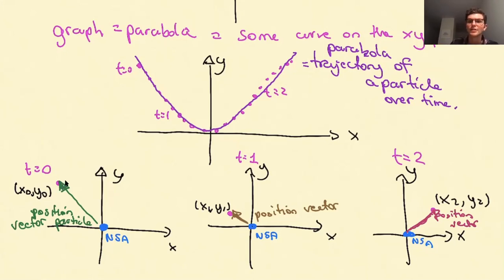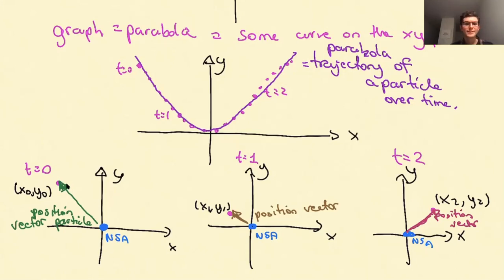You're free to think that you started the timer somewhere. I just made a convention that I wanted to start my timer where the particle was here, and that's why I'm saying that this happened at t equals zero. I don't know if that makes sense. Is that making sense?